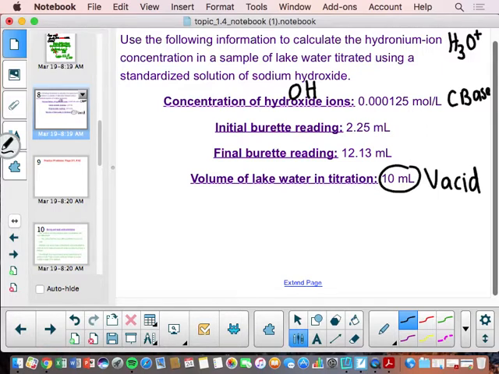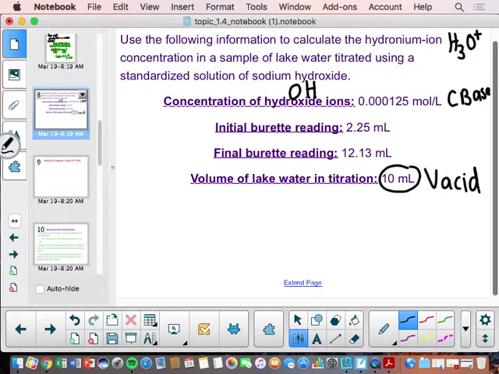So hydroxide ions, that's our base. Our lake water is our acid. And then this is our reading, our initial and final. So you write down where it starts and where it stops. So really that's not two numbers. We just need to minus those two numbers from each other to figure it out.